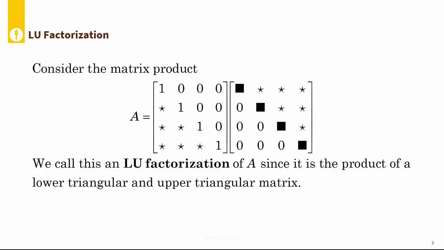It is the product of a lower triangular matrix and an upper triangular matrix. The goal in an LU factorization is to find the L and the U.